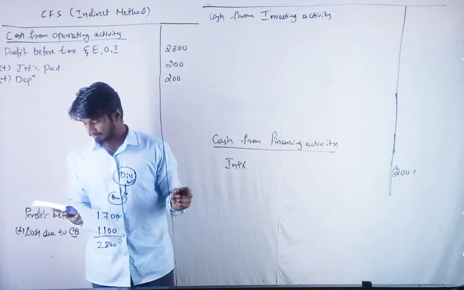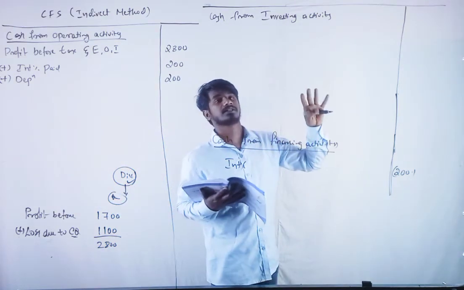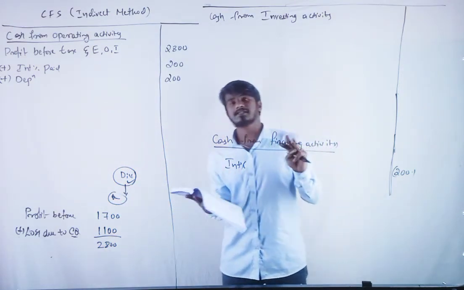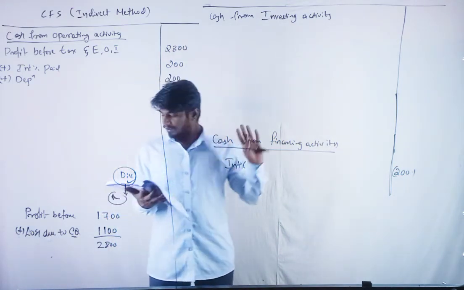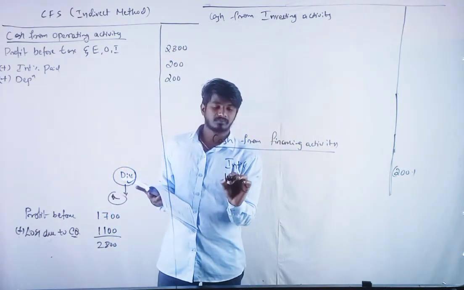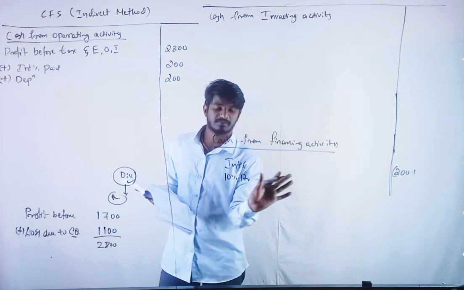10% preference share capital. 400 it was in the opening and it is 300 in the closing. Means we have redeemed 100 rupees worth of preference share.